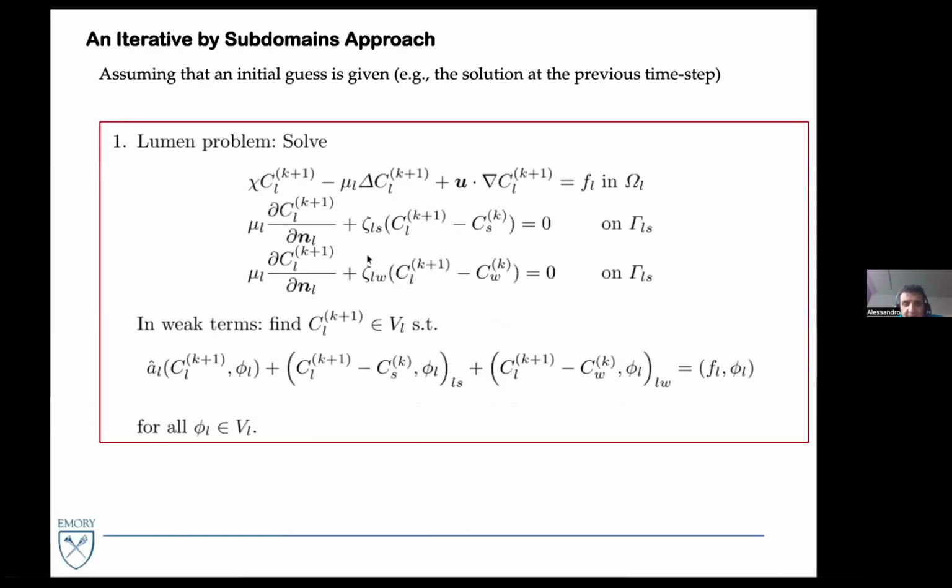So we have a lumen problem. This is already the time discrete version of the problem. So chi is 1 over delta t, basically. And then here we have diffusion, convection, at iteration k plus 1 at a given time instant, assuming we know from the previous iteration the concentration in the strata and in the wall.